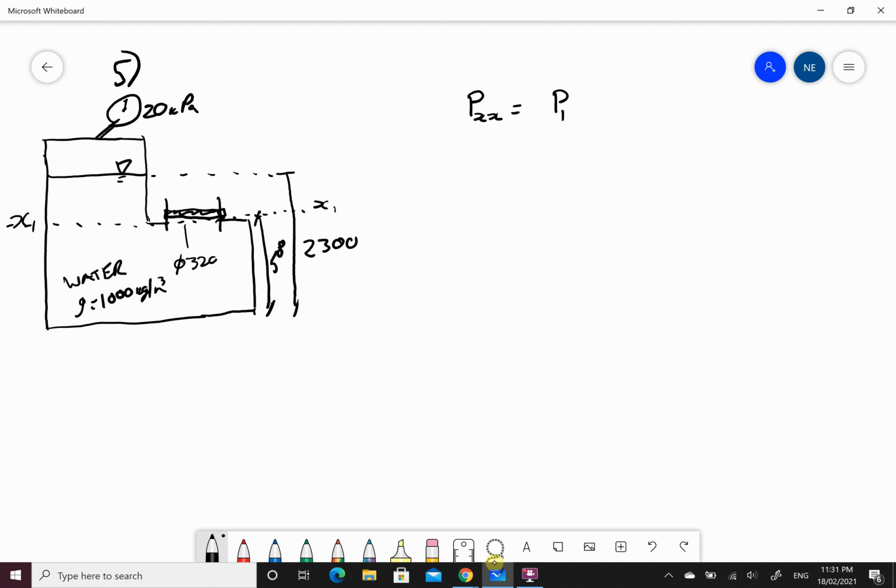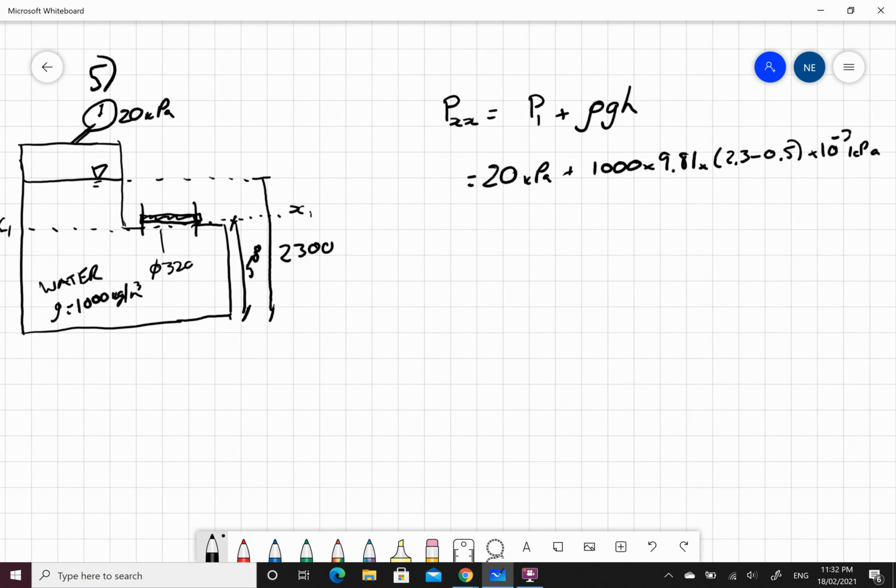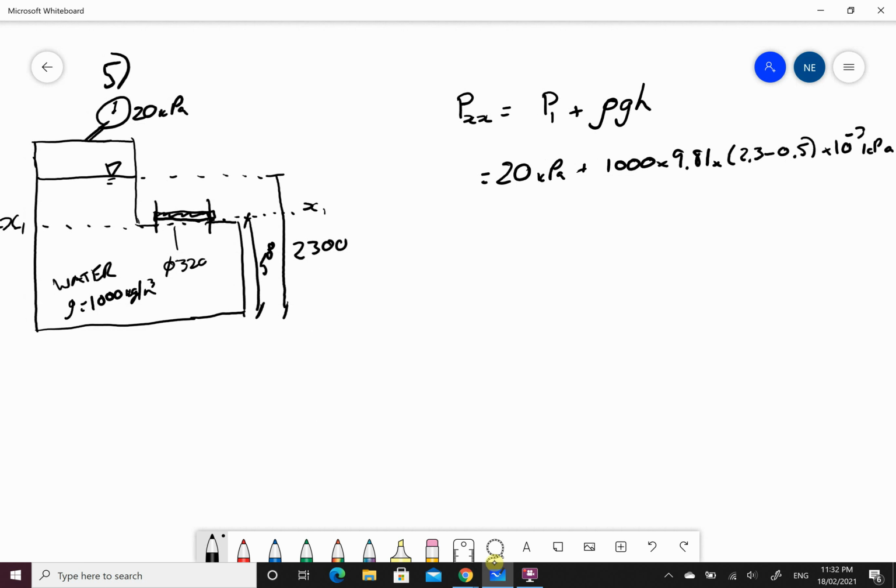So P1 plus the pressure due to the water, rho G H, which means I have 20 kPa plus 1000 times 9.81 times the height, which is 2300 subtract 500, so 2.3 subtract 0.5, times 10 to the negative 3 to get that into kPa. Cool. And this here gives me 37.66 kPa.